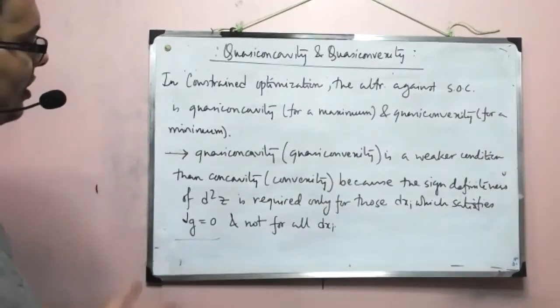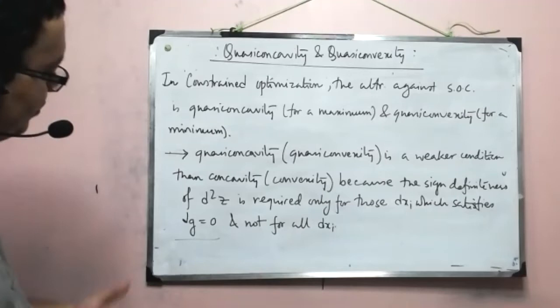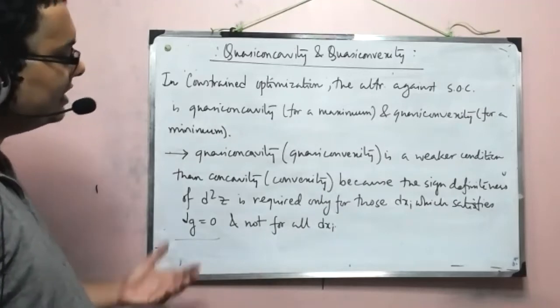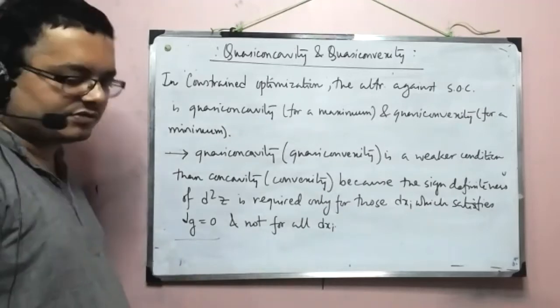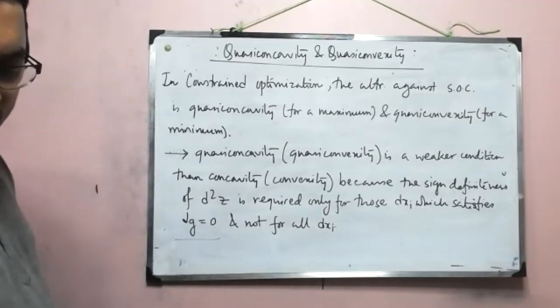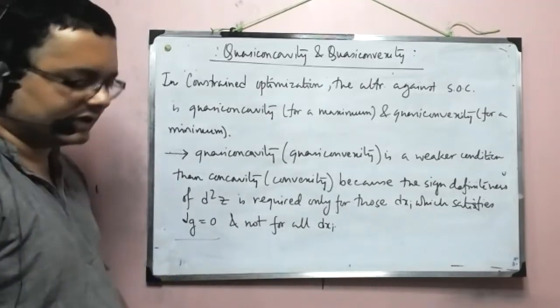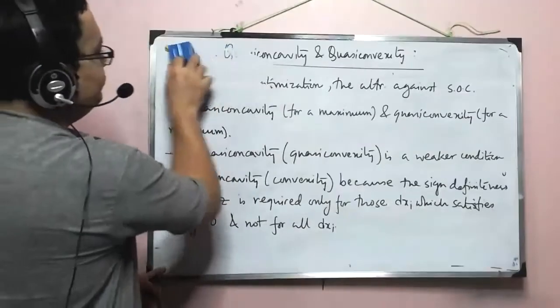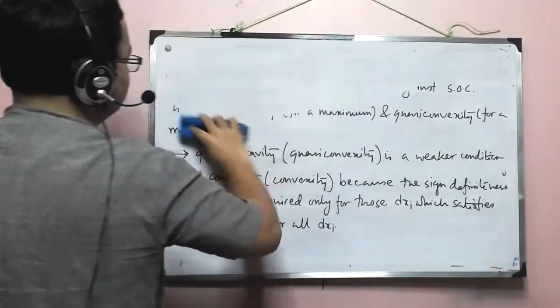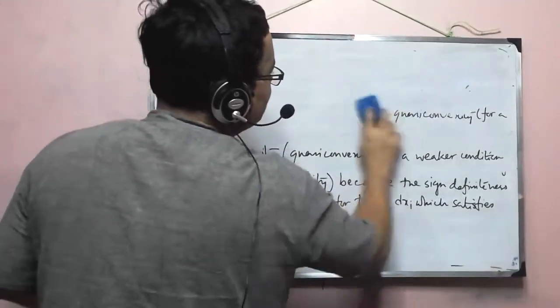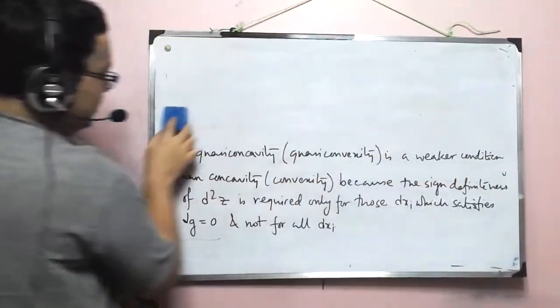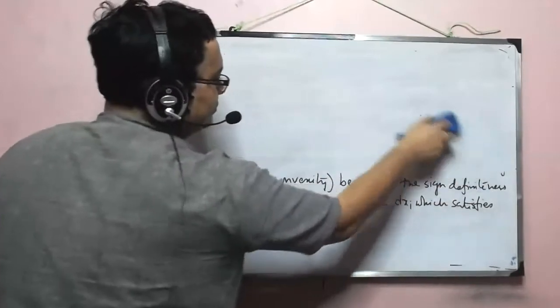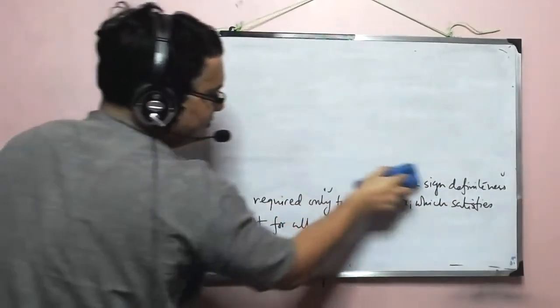Now we will look into the geometric characterization. We will look into some diagrams, and then we are going to identify which of them is quasi-concave, which is quasi-convex, etc. So let's look at 3 diagrams.